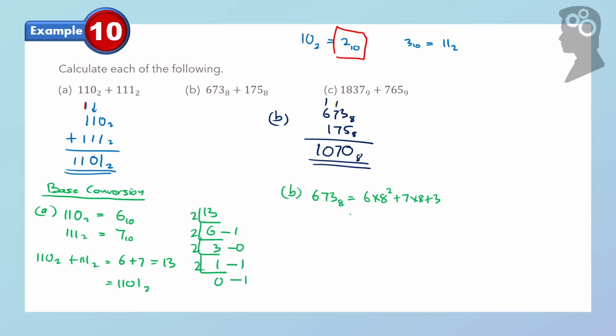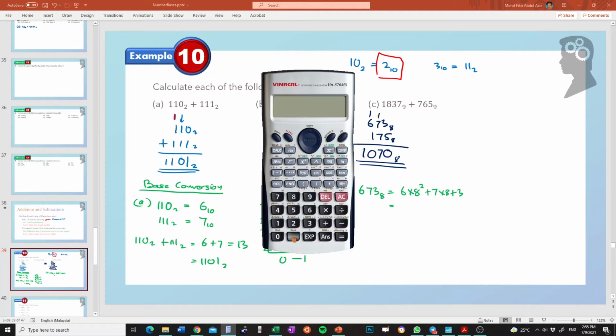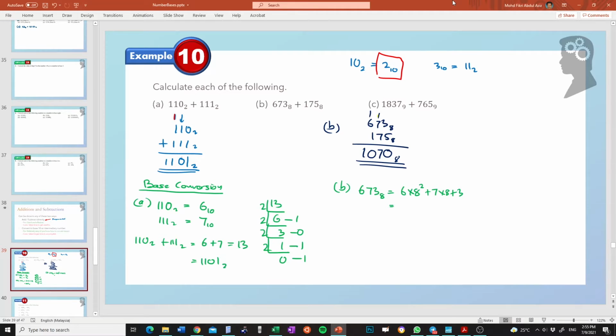We can use the calculator. 6 times 8 squared plus 7 times 8 to the power of 1, and then plus 3. So you've got 443.